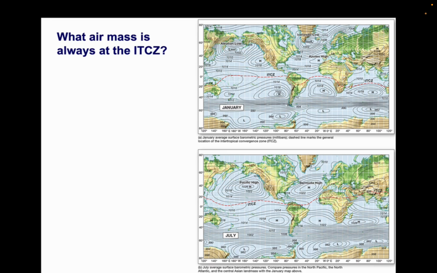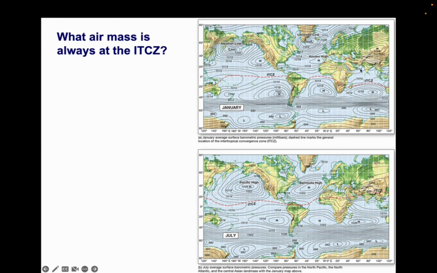If I ask you what type of air mass is present always at the ITCZ, remember this intertropical convergence zone, or in short, the ITCZ, pretty much represents the hottest part of the planet in any given season, right? So what do you expect?